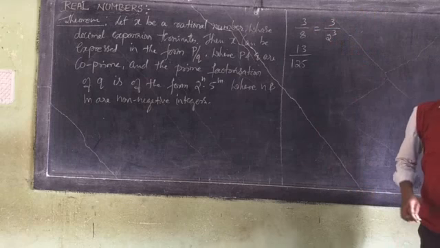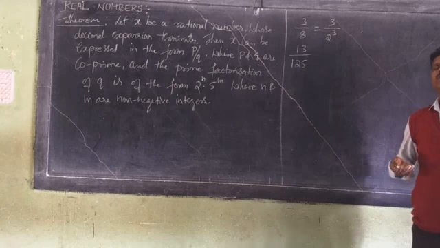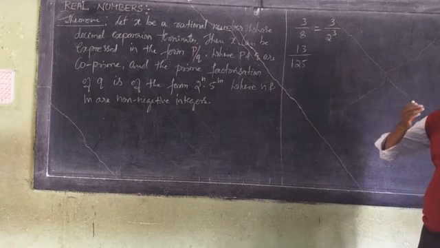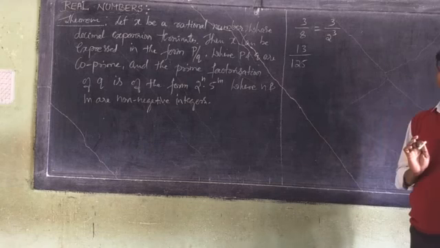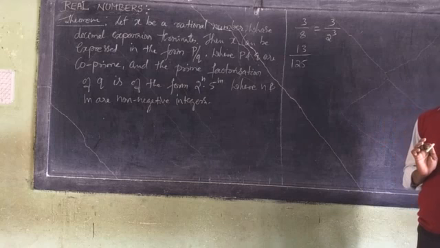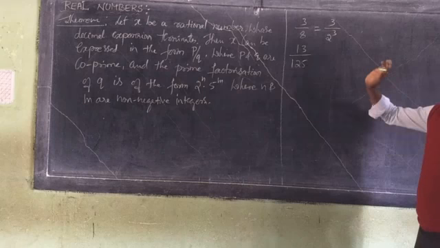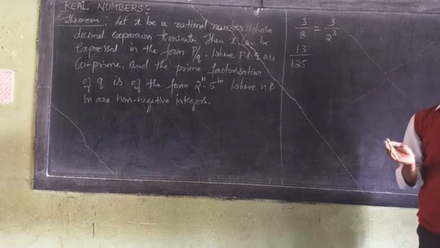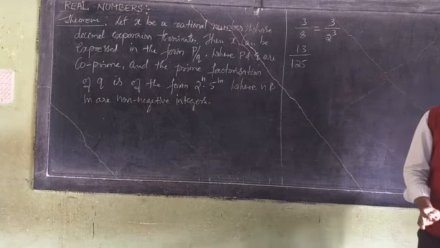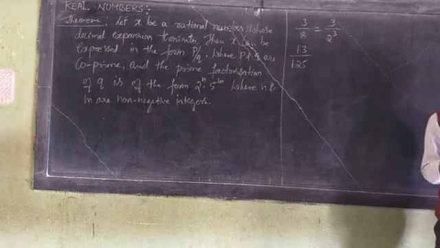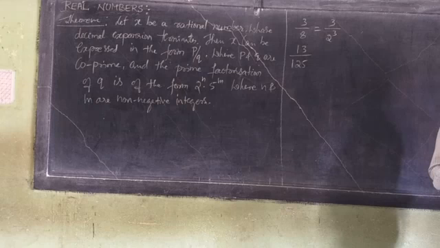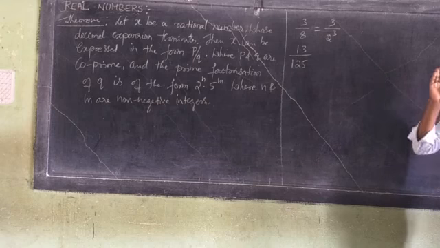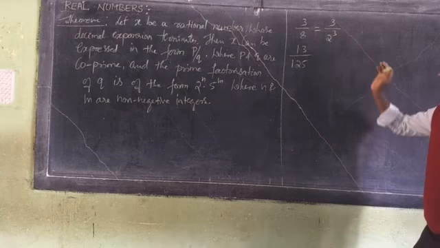How do we write the decimal form of this? The decimal form can be easily written when the denominator is in the power of 10. So for that what can we do?